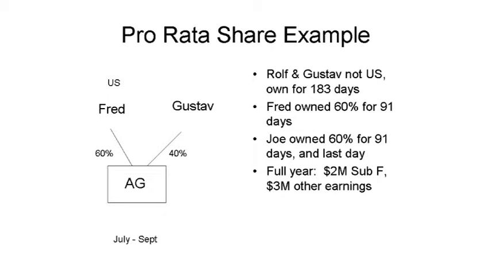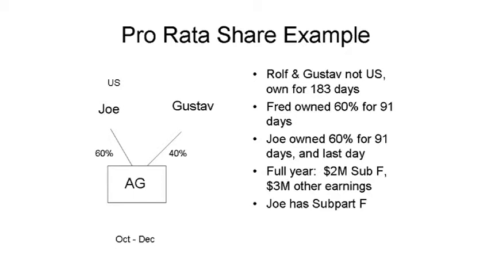Gustav, not a U.S. person, owned 40% of AG throughout the year, and Gustav got a dividend of $1.5 million during the year. Fred, the U.S. person, owned 60% of the shares for 92 days, but none at year end. He sold the shares to Joe, a U.S. person, who held 60% of the shares for the last 91 days of the year.